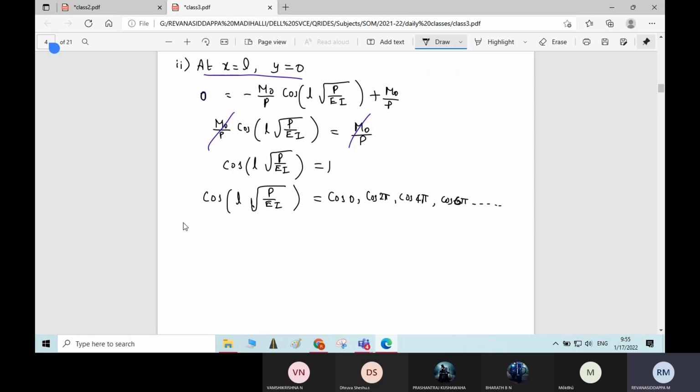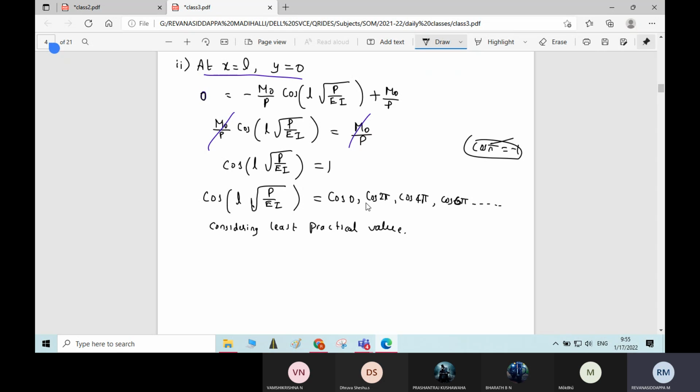Considering the least practical value, see the cos pi value is not 1, it is minus 1. That is why cos pi will not come into picture, cos 2 pi will come into picture.